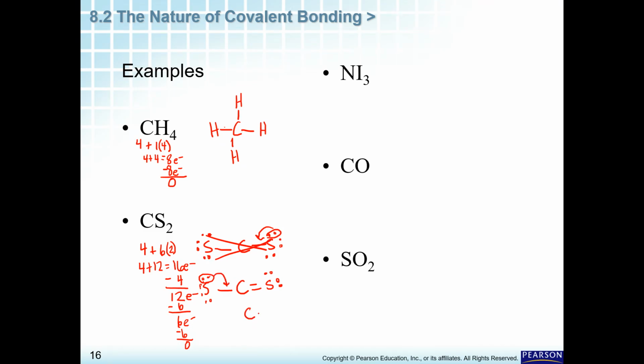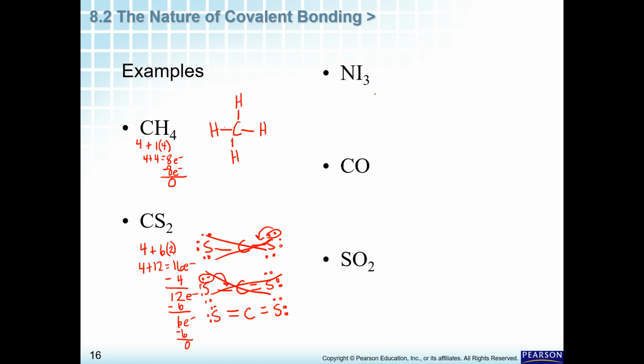So now we get carbon, still double bond, 2 electrons. We get a double bond here. So instead of having 6 around it, we're only going to have 4. And then notice here, if we look to see if everybody's happy, carbon now has 1, 2, 3, 4, 5, 6, 7, 8. Carbon's happy. It forms 2 double bonds.